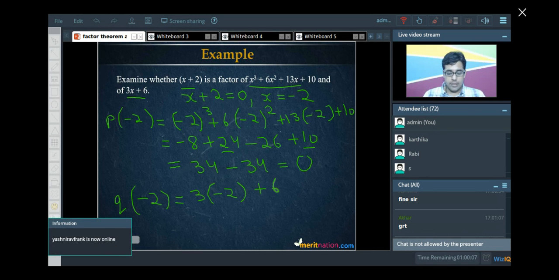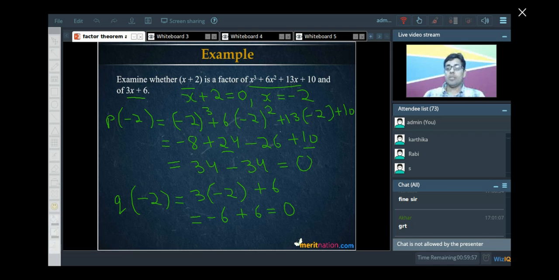That is coming as minus 6 plus 6. It is becoming now 0. So we can say again the remainder is coming as 0. Therefore, from the factor theorem, x plus 2 becomes a factor of the polynomial 3x plus 6. Or we can say the polynomial 3x plus 6 becomes a multiple of this linear factor x plus 2 here.